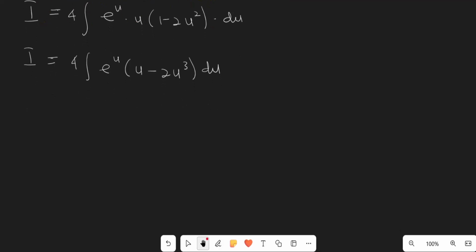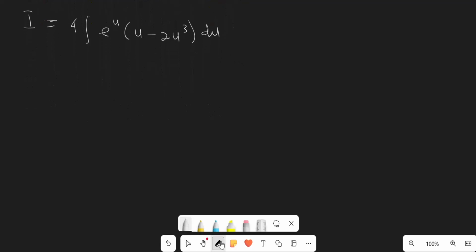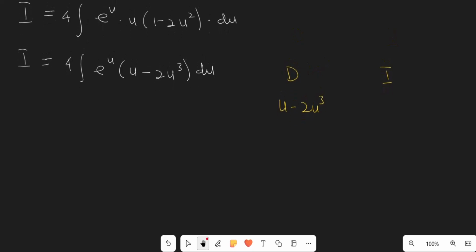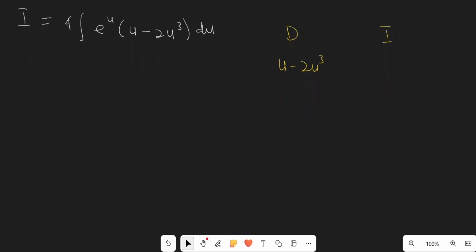And I'm going to do integration by parts. So D and I, so D for differentiation and I for integration. I am going to differentiate this boy here, u minus 2u to the third, right? And then I am going to integrate e to the u.